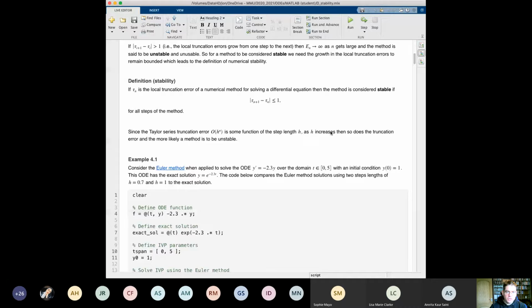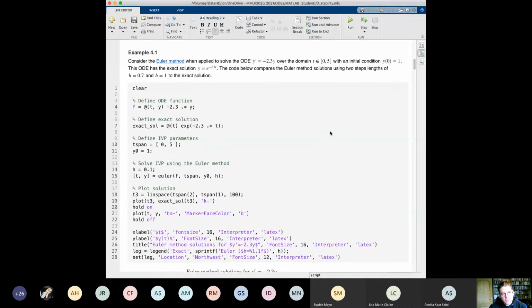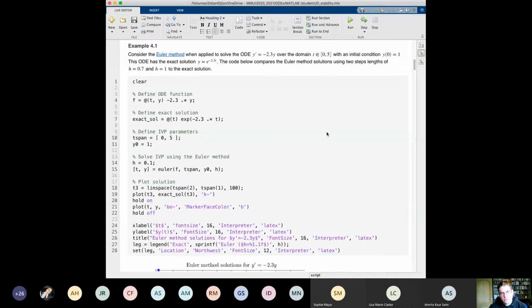So I'm going to just show you an example. Here I'm going to use Euler's method to solve a very simple first order ODE, y dash equals minus 2.3y, over the domain 0 to 5 with initial condition 1. Because it's a simple ODE, we could have just calculated the solution by integration, and the solution is e to the minus 2.3t.